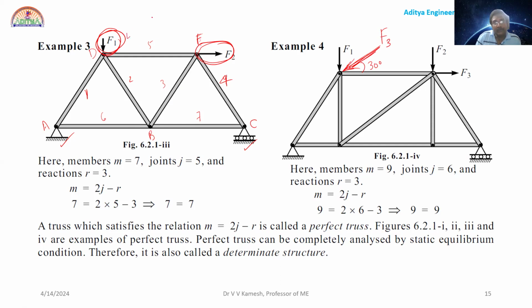Due to this application of the load F1, F2, or F3, whatever it might be, these members, whatever the members of the truss we have, each and every member will have some force induced. Force will be induced inside the member, right? Every member.